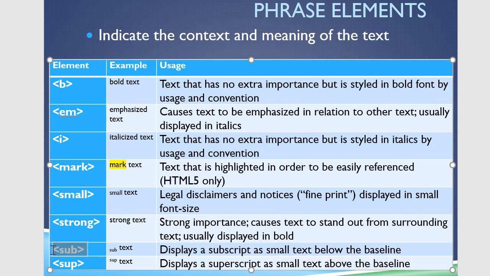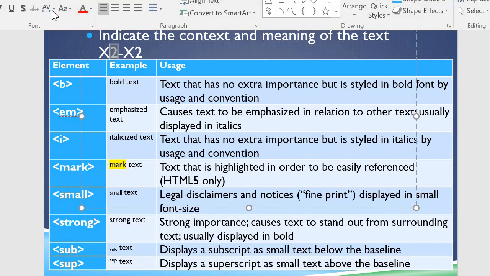I cannot type the x square here, but the square will come like a superscript. I don't know whether it is available in this editor or not. It's not available. X square minus x square.